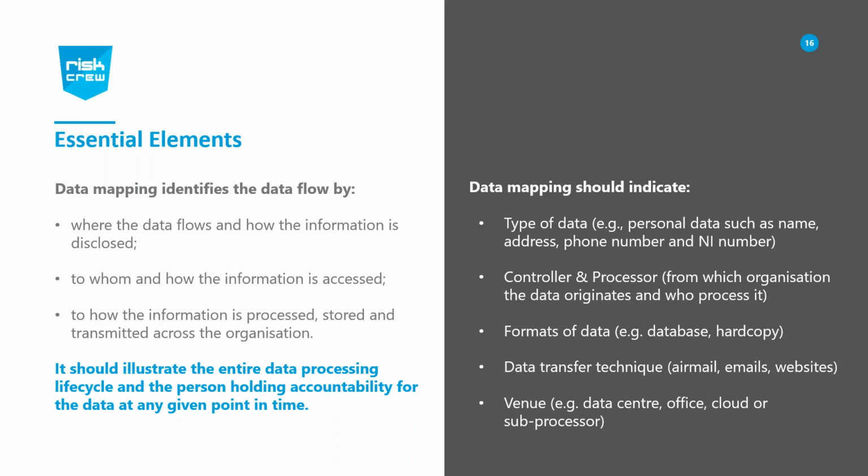By that I mean, is it a database, is it hard copy, soft copy? Any format which is there is covered by GDPR. So we need to be aware of what format it exists in. What data transfer techniques are being used, and where is it being stored or processed.